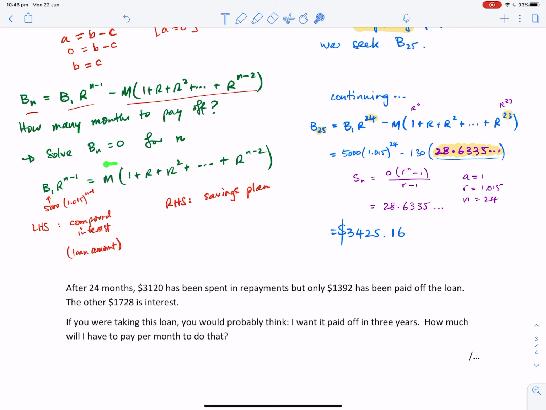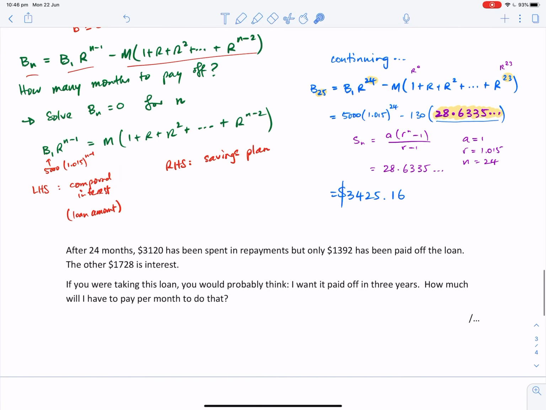But over here, we're doing a savings plan in a different account and earning money, and eventually the amount that we've saved equals the amount that the loan has grown to, and at that point we withdraw all of the money we've saved and pay off the loan. It's a very curious way of looking at what's actually going on here.